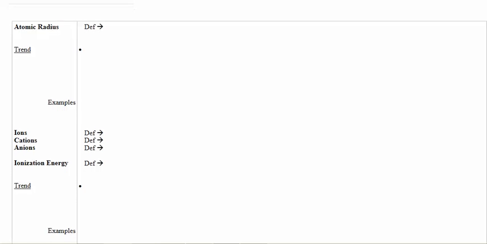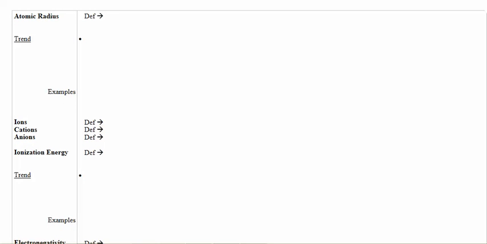Okay, so today we are going to talk about the trends within the periodic table. So you've read that Mendeleev was the first to establish a periodic table, and he did that by atomic mass. And then Moseley came after him, and he ordered the periodic table by atomic number, which is what we have today.